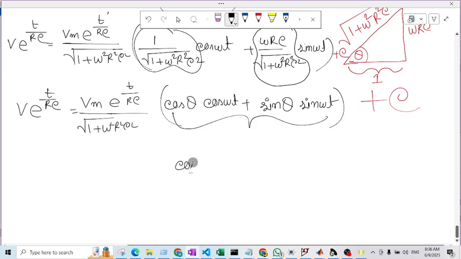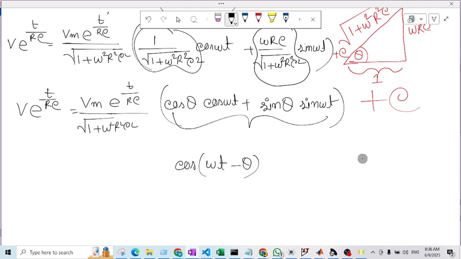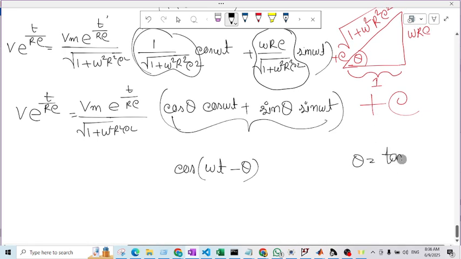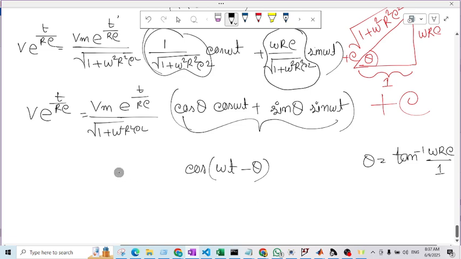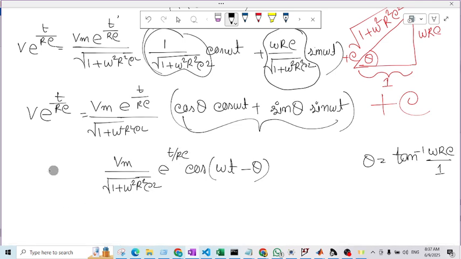So now you have a cos-sine formula. We can simply write it as cos of omega t minus theta, where theta is equal to tan inverse of omega RC divided by 1, right? And here Vm root over 1 plus omega square R square C square e to the power t by RC.